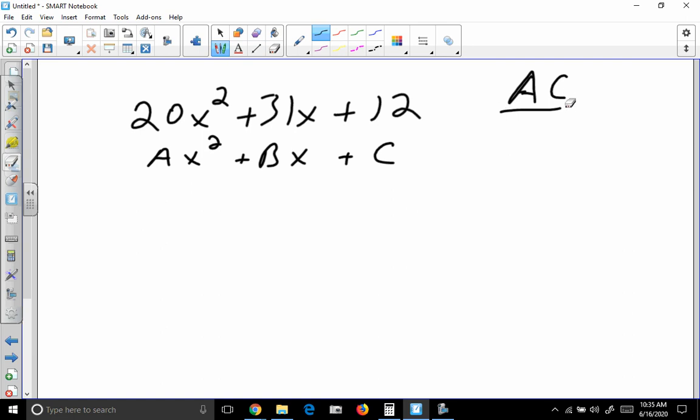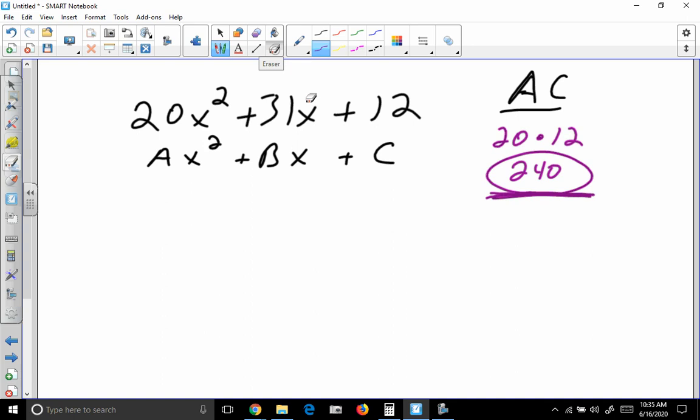So in the AC method, we multiply a times c. So 20 times 12. In this case, we get 240. And notice it's positive. Positive 20 times positive 12.